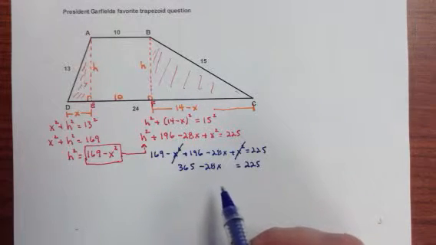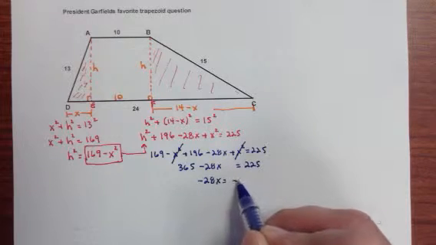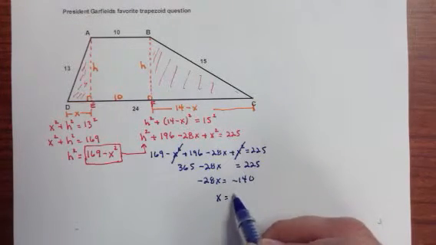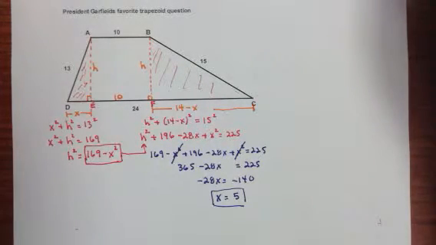Subtract 365 from both sides. Divide by negative 28, and this works out really nice. X is 5. So we know that the area formula for a trapezoid is 1/2 height, base 1 plus base 2.